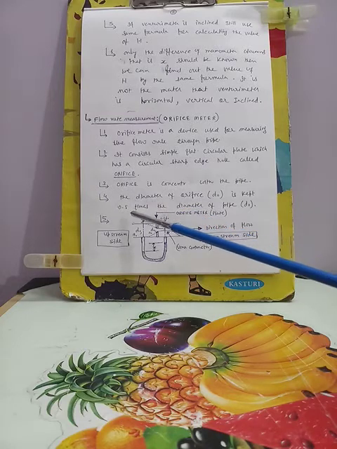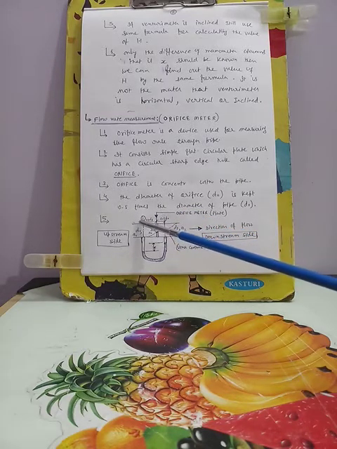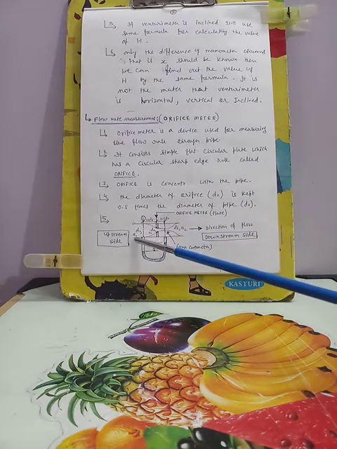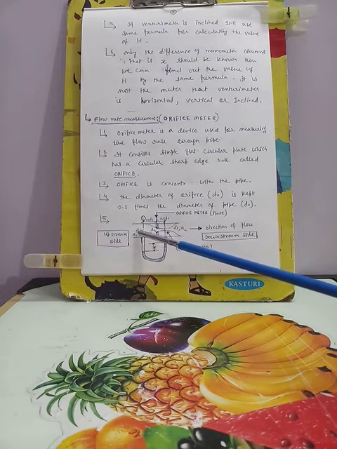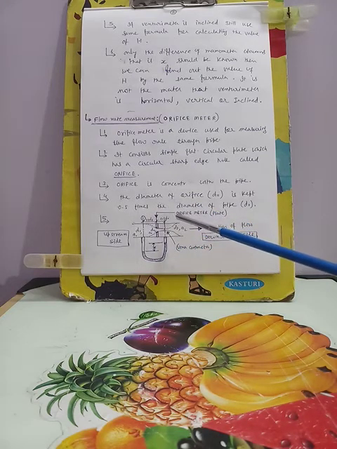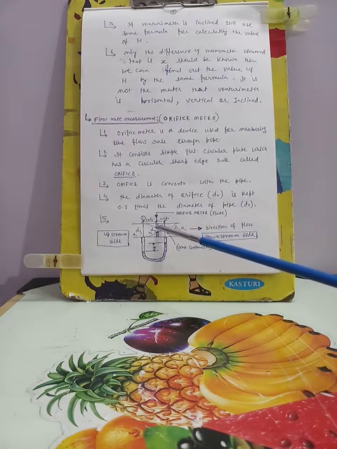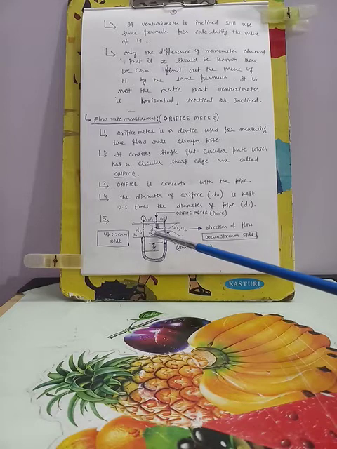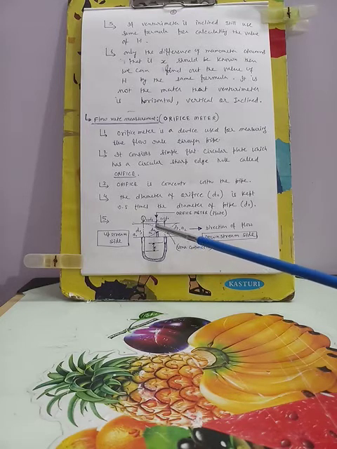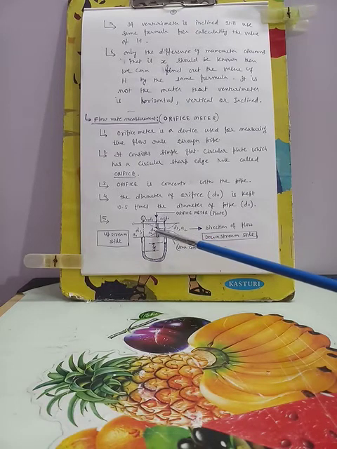Let us suppose the cross-section area of the pipe is A1 and the diameter of the pipe is D1, and the cross-section area of this orifice is A0 and the diameter of this orifice is D0.